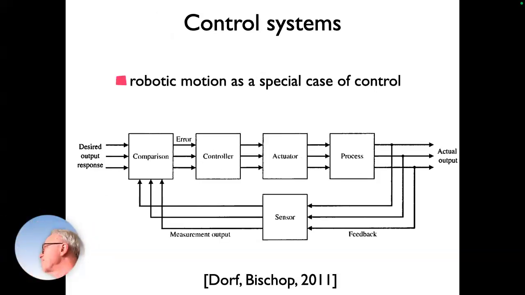Good. So control. Well, this is a very general scheme, from a textbook of control. When you think of control, it is bringing about physically the thing that you desire, right? You have some representation of what you want that system to do, so what the output of that system is supposed to be.